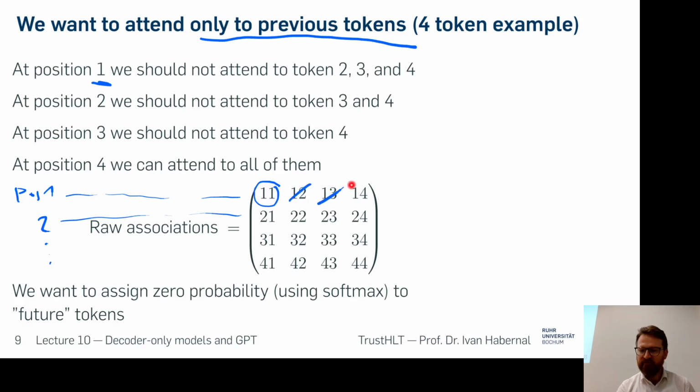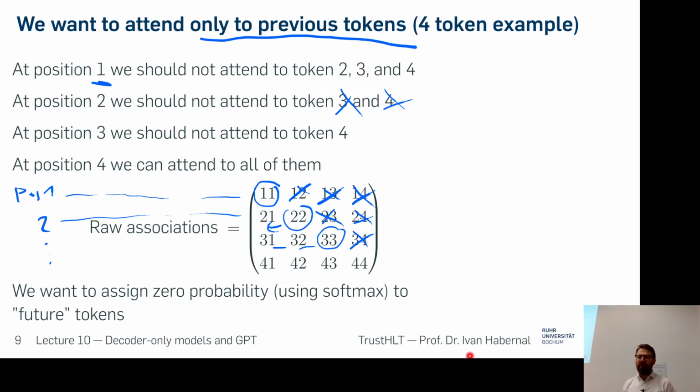So this, no, bad. Never look in there. We can compute the self-attention, but never use these things. At position 2, we can look into the past, that's okay, but these are no-go. Never look at them. Position 3, the same thing. We can look into the past, but never look here. And position 4, okay, we can look at all of this.